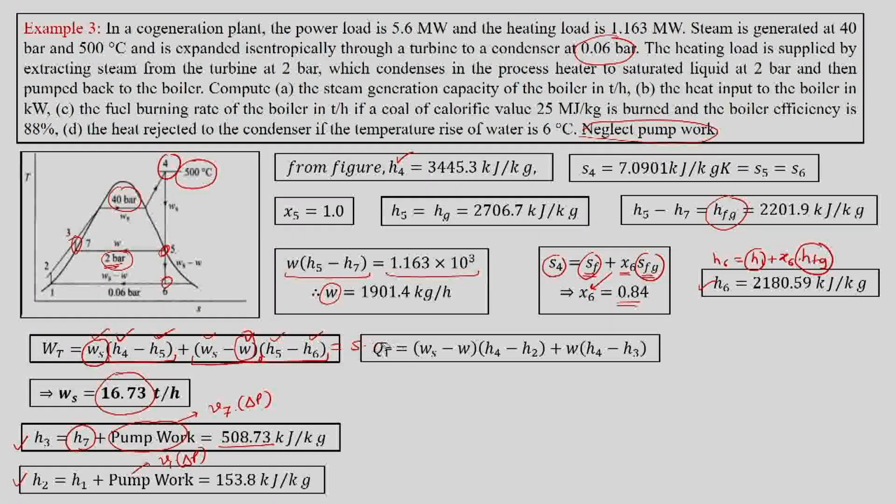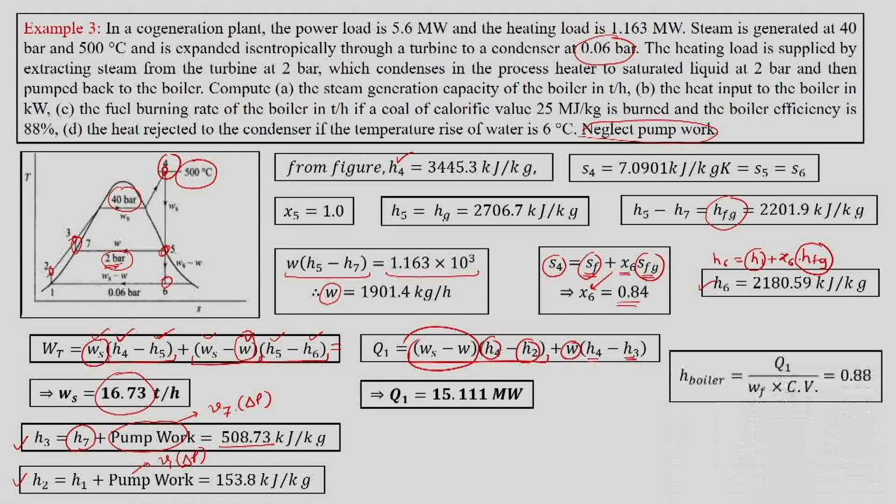So heat added is split like this, where W minus Ws steam is rising its enthalpy from 2 to 4. 2 to 4 is the enthalpy rise for steam, which is W minus Ws. But small amount of steam for process heating will rise its enthalpy from 3 to 4. So this is the total amount of heat given, and this total amount of heat is 15.111 megawatt.